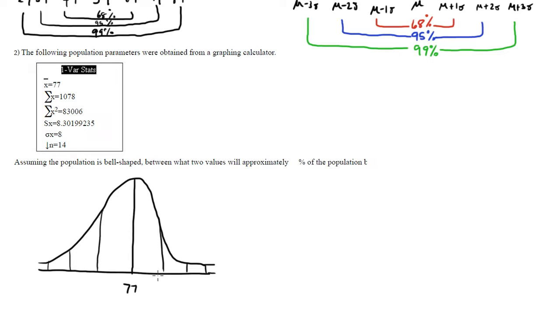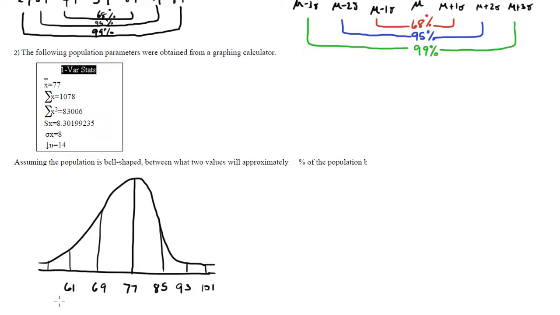So we're adding 8 on the right side, subtracting 8 on the left side. So 77 plus 8, that's 85. 85 plus 8, that's 93. 93 plus 8, that's 101. Subtracting 8, that's 69. Subtract another 8, that's 61.